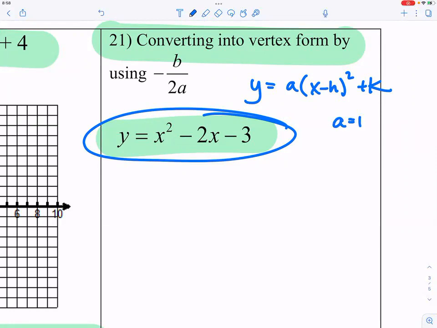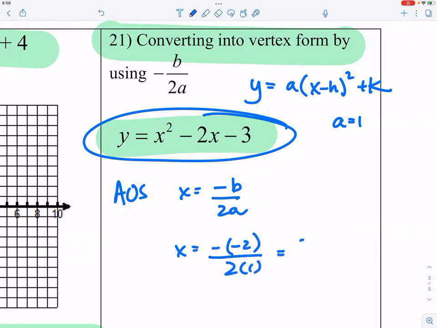And if I want to find the axis of symmetry, we say x is equal to negative b over 2a, negative of negative 2 over 2 times 1, and that is 2 over 2, which is equal to 1. So we know something about the vertex already, which is 1 comma something.